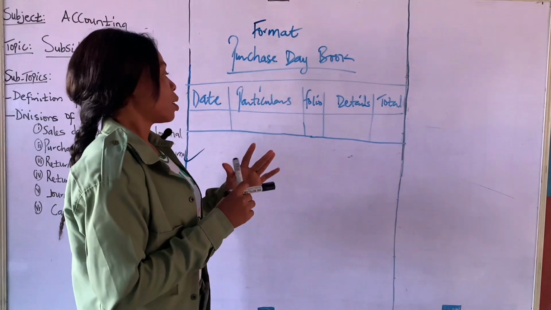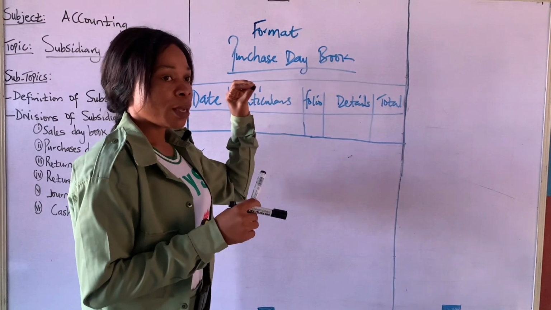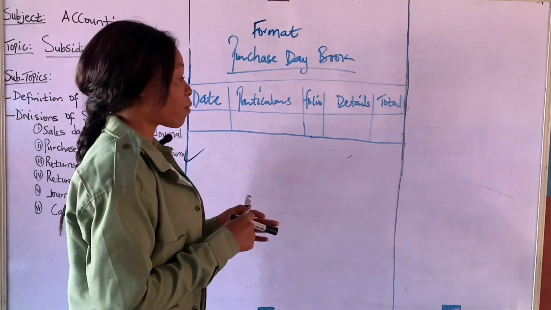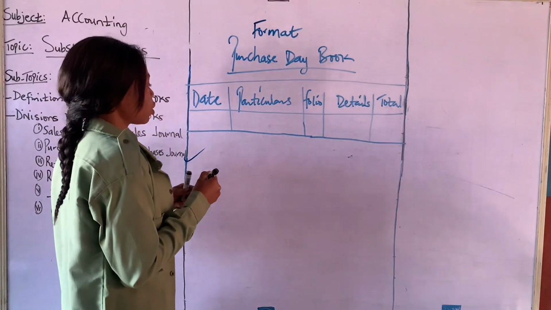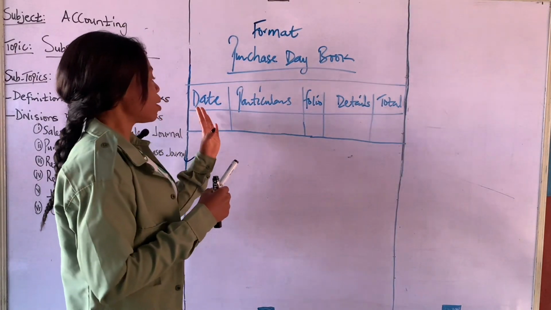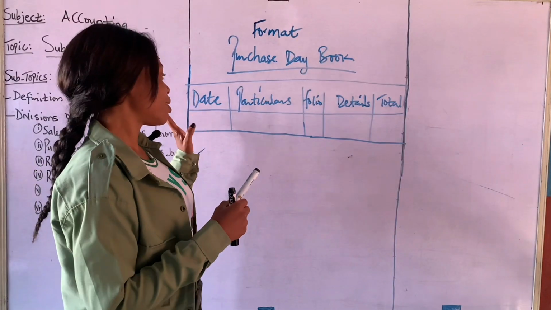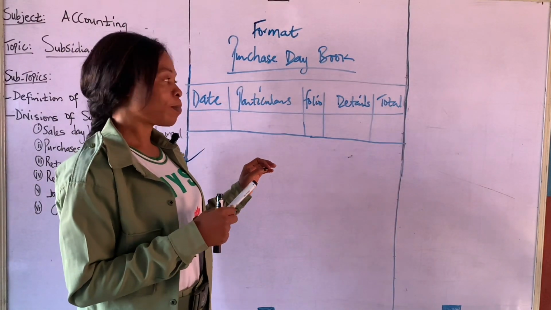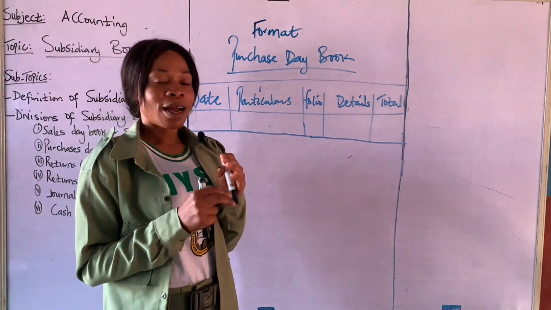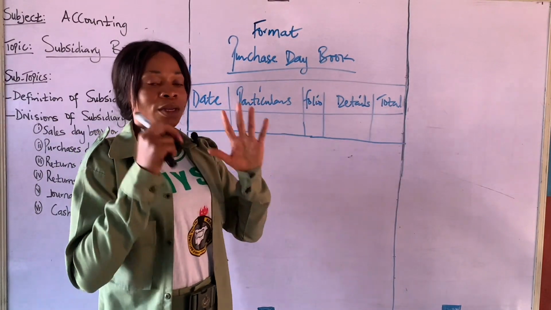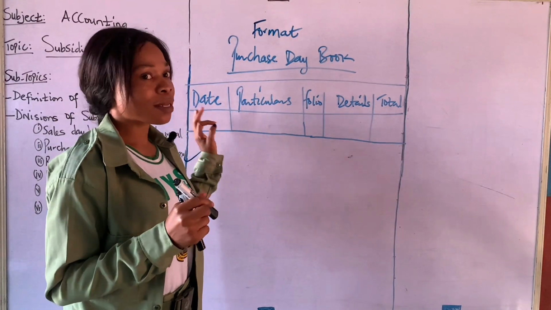Any purchase that the company gets from a supplier will be recorded here as far as it has to do with a credit transaction. So the date has to do with the day, the month, and the year the transaction actually took place in the organization. The particulars give a brief description of what the organization actually purchased on that date.